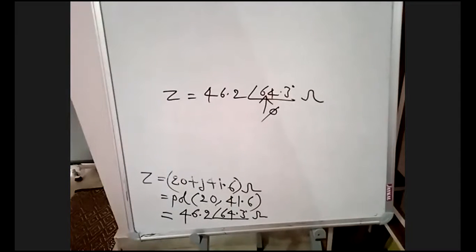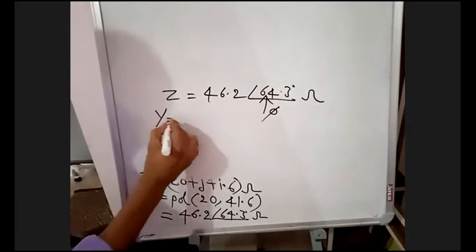Whatever the angle we are getting for Z, that is called angle phi, the power factor angle. That is not power factor, that is power factor angle. Now I will determine the admittance Y.